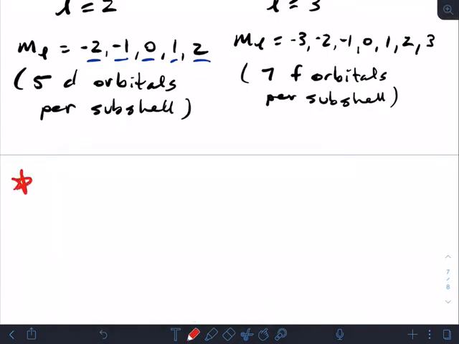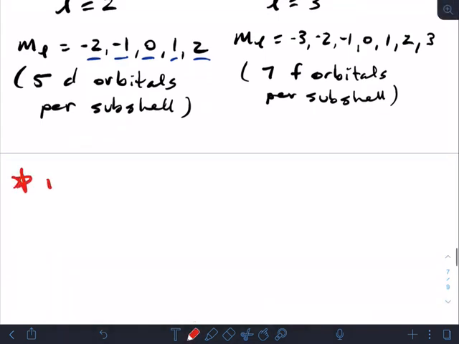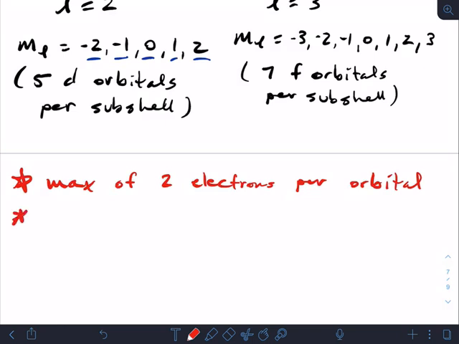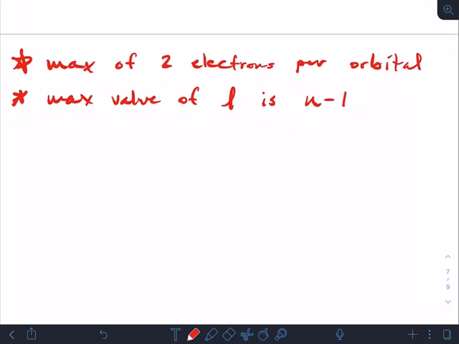One important piece of information, giving a star: we get a max of 2 electrons per orbital. And the other important one is that the max value of L is n minus 1.